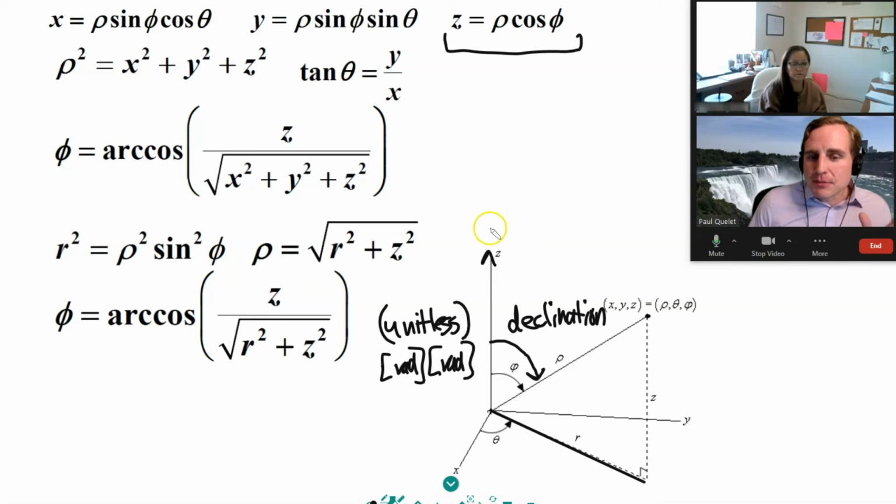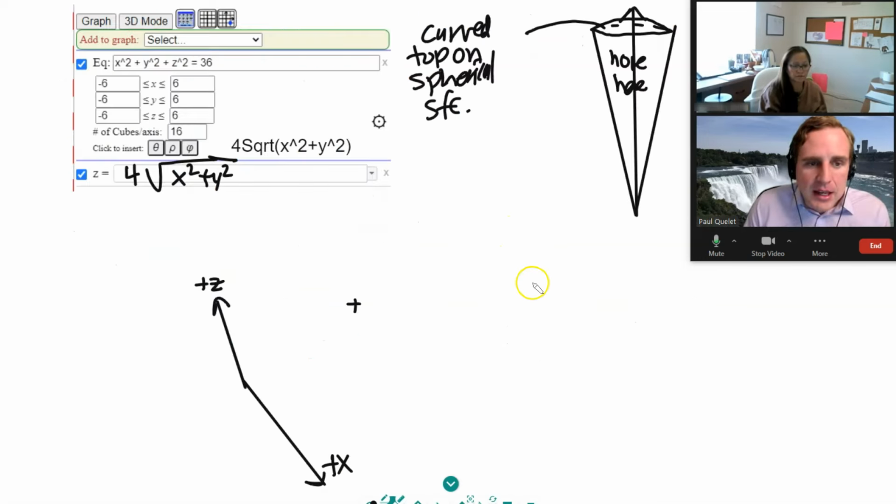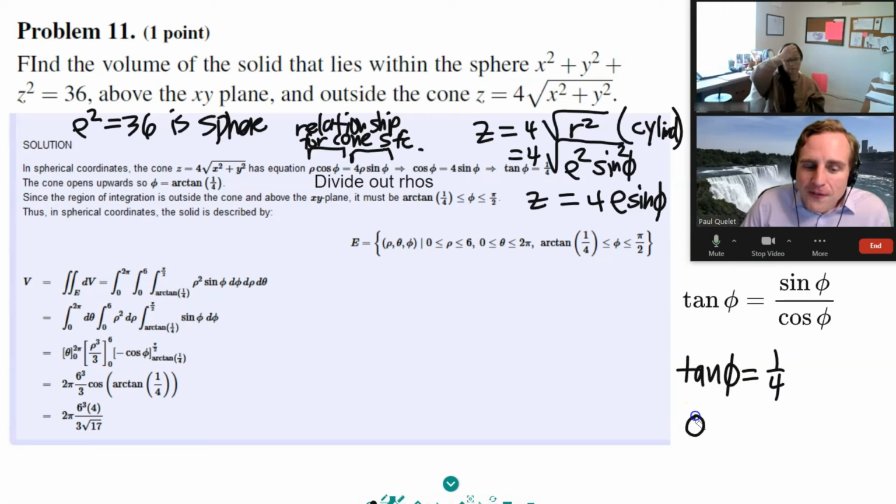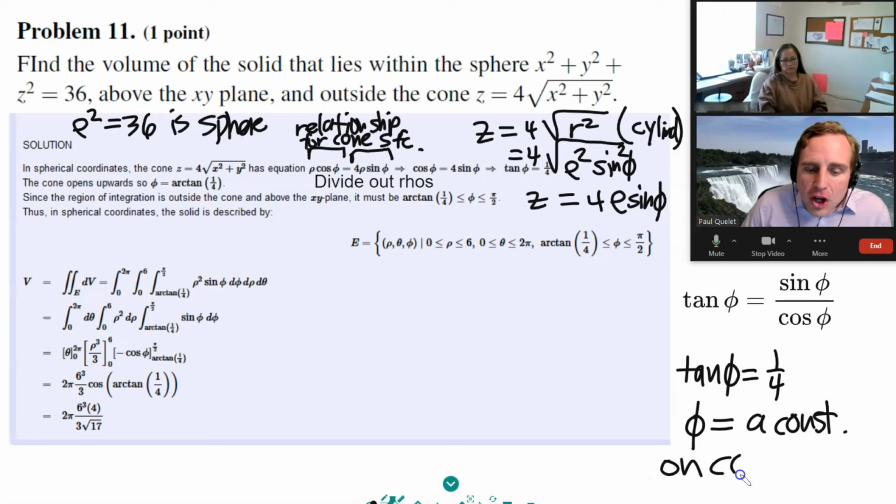We did discuss that in the previous session. So the reason I'm bringing that to your attention again is it doesn't surprise me too much that we get tan of phi equals 1/4. Because if you think about it, that means phi is equal to a constant on the cone, which is what we expect, right?